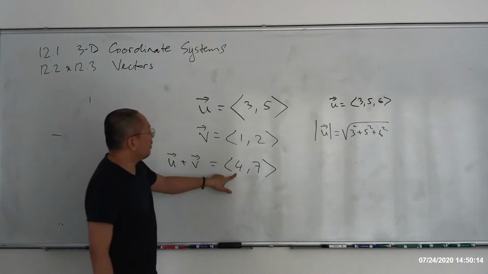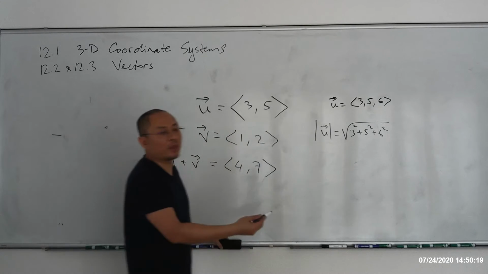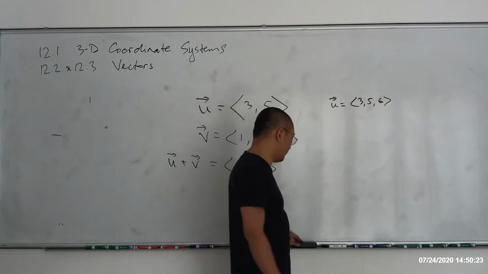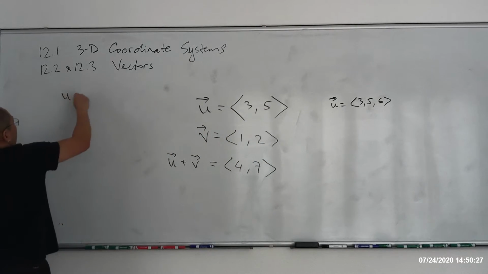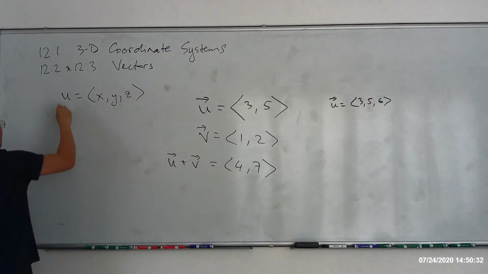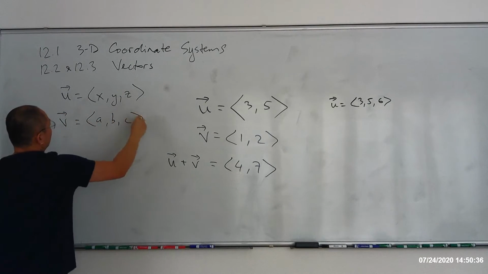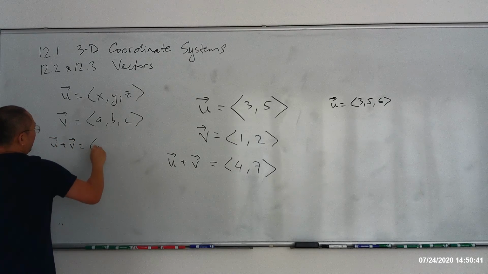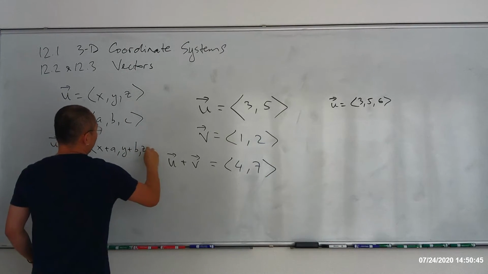You guys see where I got 4 from? 3 plus 1 is 4. 5 plus 2 is 7. And same thing for 3-dimensional space. You just add x to x, y to y, and z to z. So in general, if I have u is x, y, z, and vector v is a, b, c, then u plus v will be x plus a, y plus b, and z plus c.